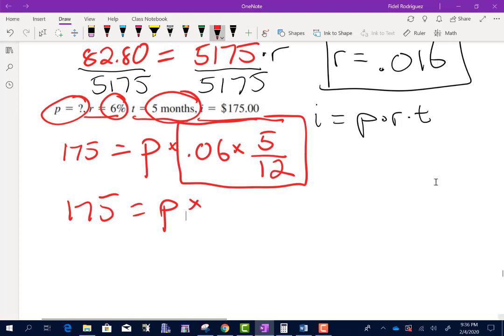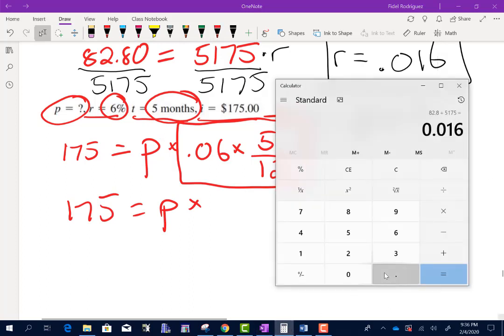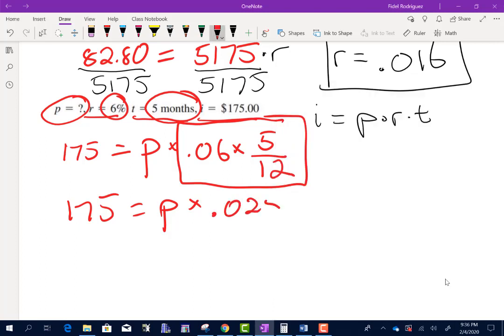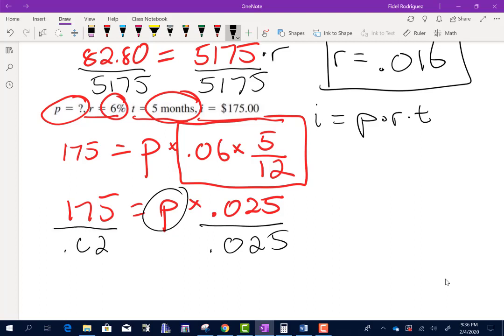So let's take a look how we're going to do this. I'm going to take my calculator. 0.06 times 5 equals, divided by 12 equals, okay, so 0.025. Okay. Since I'm trying to solve for the letter P, we have to divide by 0.025 on both sides.